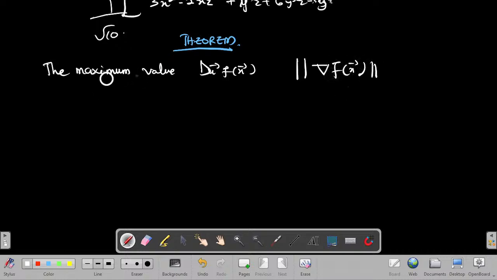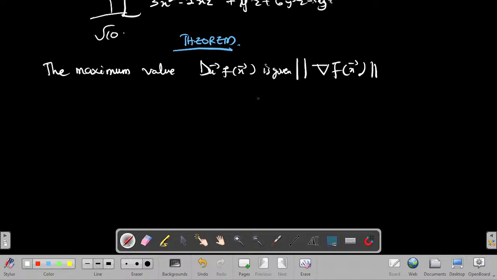So it's saying that the maximum value of our directional derivative is given by this expression. Whenever you find your gradient and you take its length, you end up getting the maximum value of it. And it said that it will occur in the direction given by our gradient.